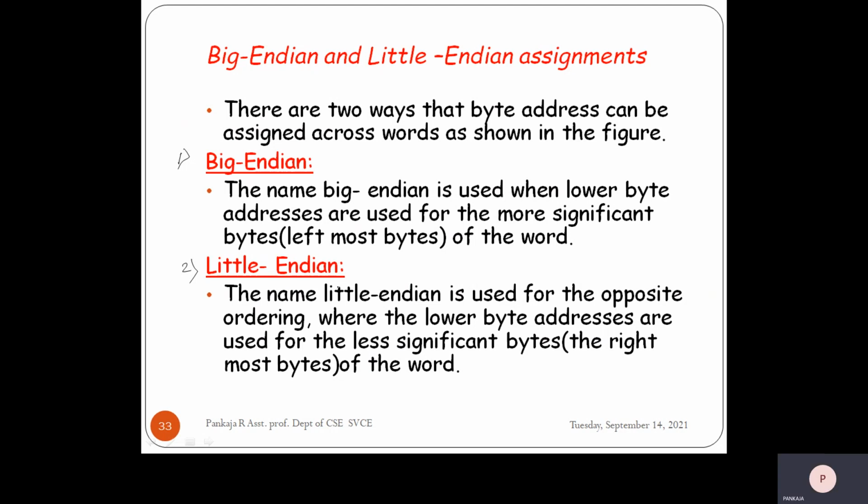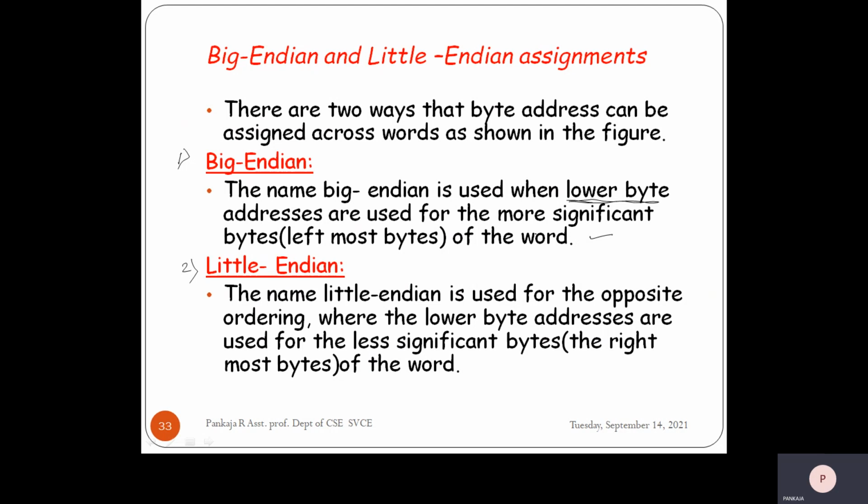Big endian is used when lower byte addresses are used for the more significant byte of the word. Here I am focusing on how memory addresses are represented. If a word is given, the lower byte addresses are used to store the more significant byte information. That is the case in big endian.